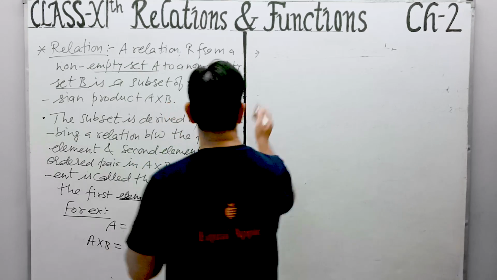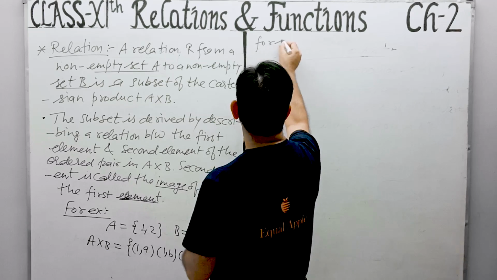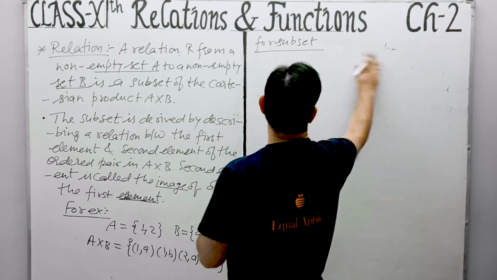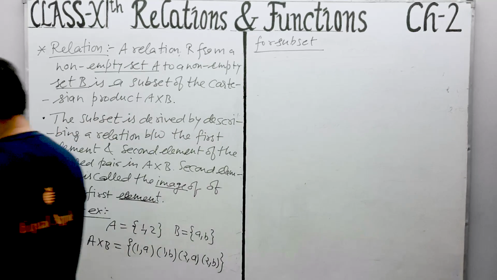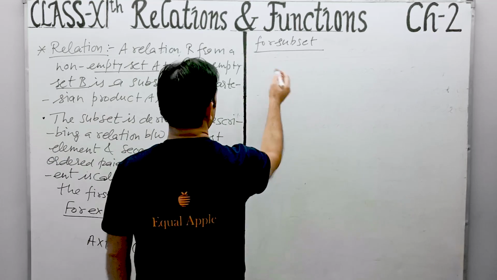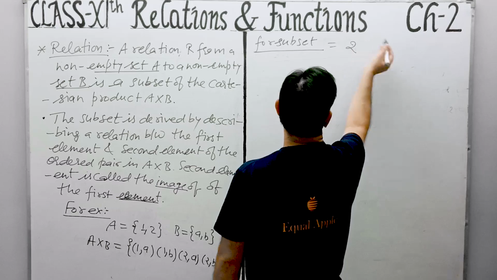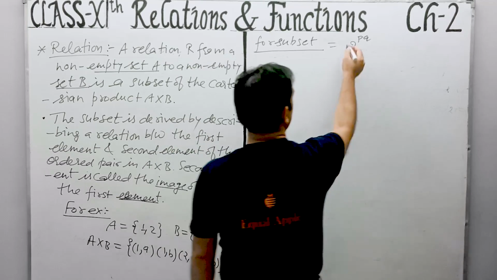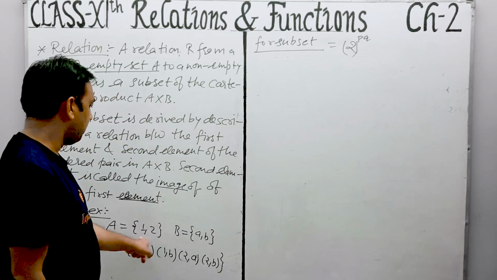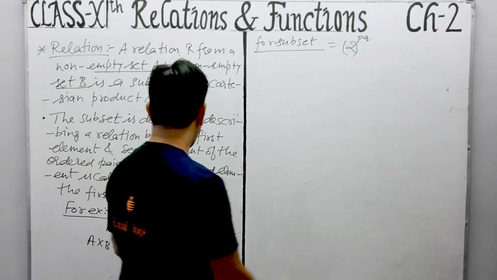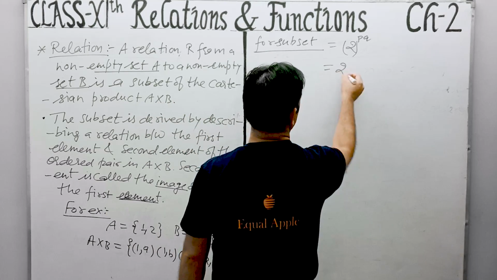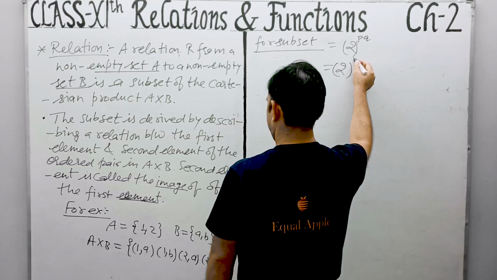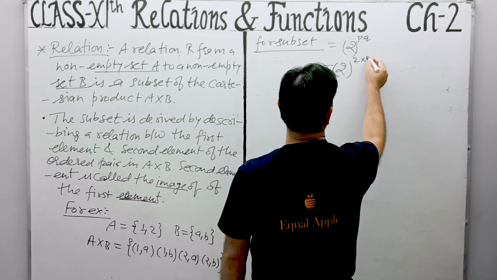If we want to find the number of subsets, we have a formula: the number of subsets of any relation is 2 to the power of p into q, where p and q are the numbers of elements of the given sets. Here the number of elements in A is 2 and in B is also 2.